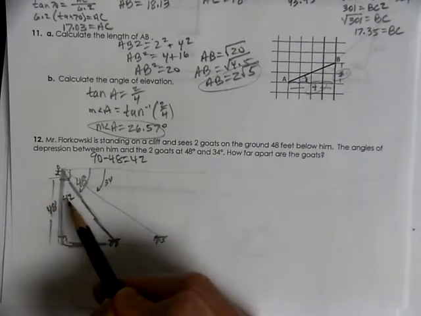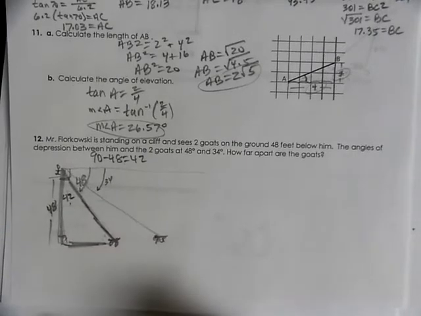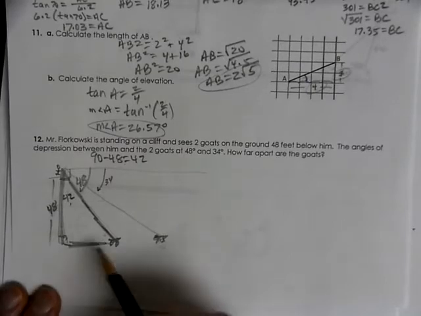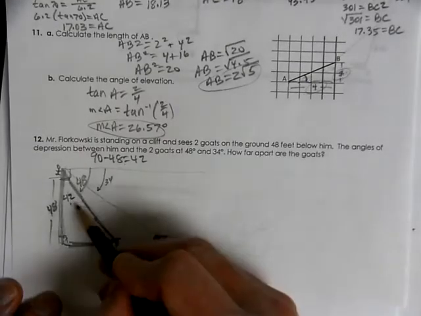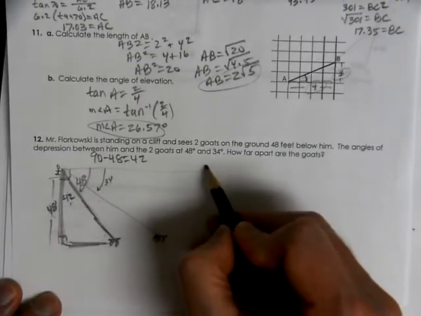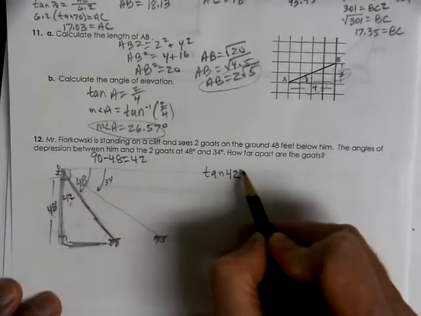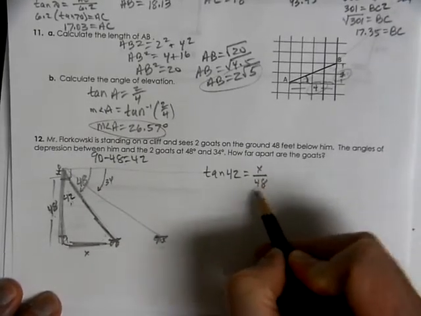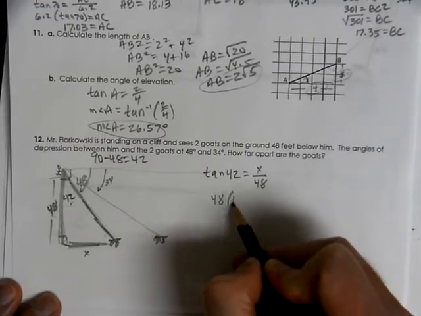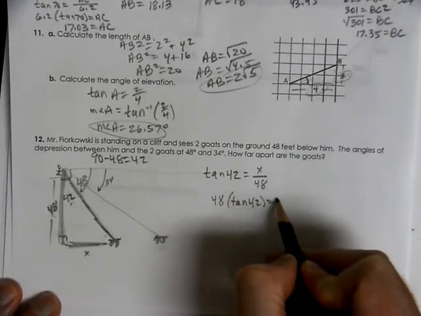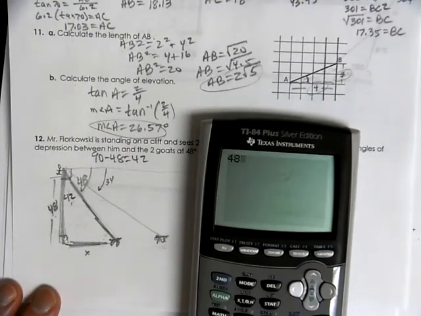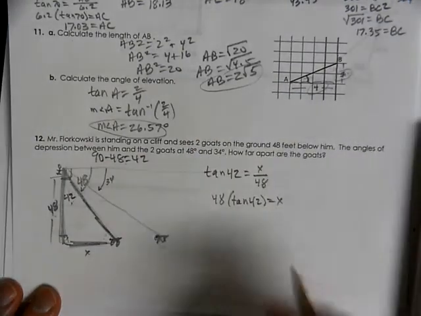We have a side of 48 and an angle of 42. We want to find these distances in here. So this is going to be opposite over adjacent, so we multiply: 48 times the tangent of 48 is 53.31.